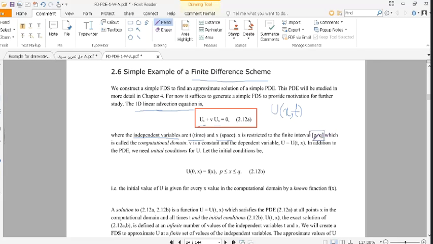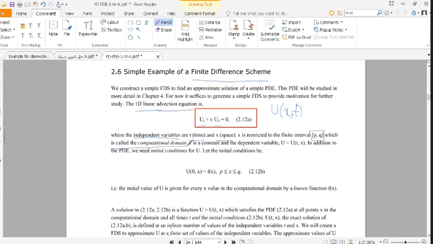The interval from p to q is the domain for x. It's called the computational domain. The computational domain is the domain for space, the domain for the independent variable x.